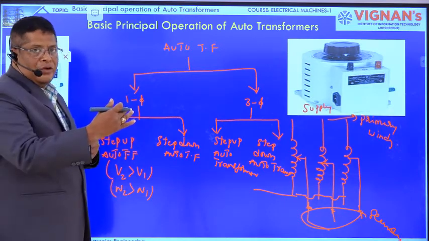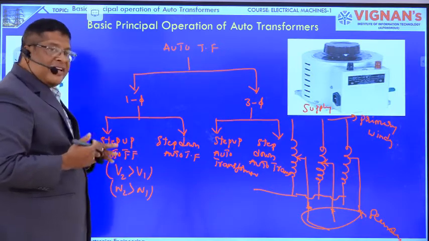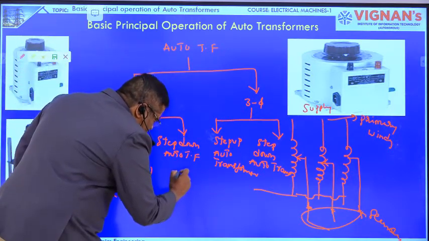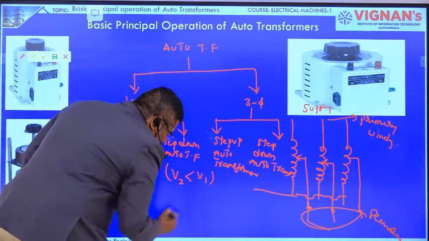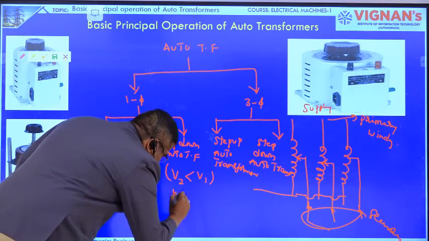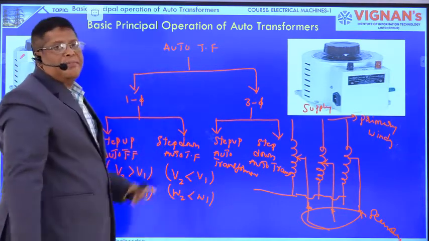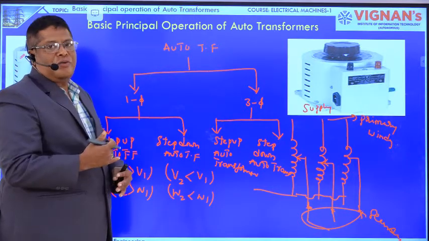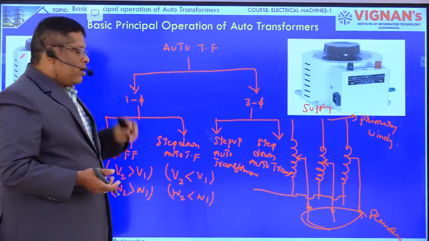We are giving a lower voltage at the input, so we call it a step up auto transformer. Step down auto transformer: if V2 is less than V1, nothing but N2 is less than N1, then it is a step down auto transformer. The output voltage will be less than the input voltage.